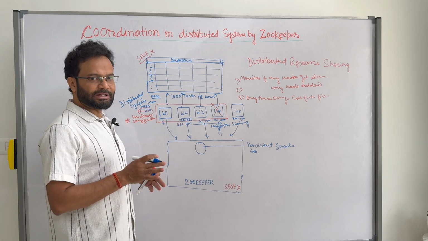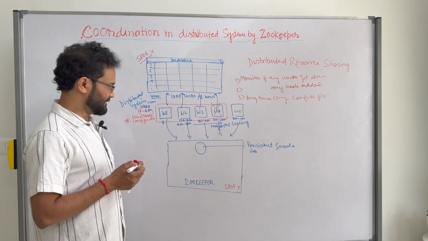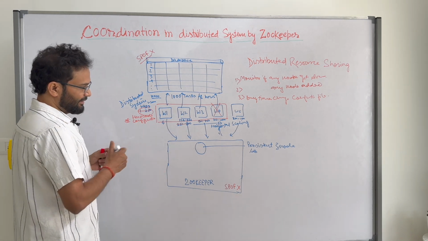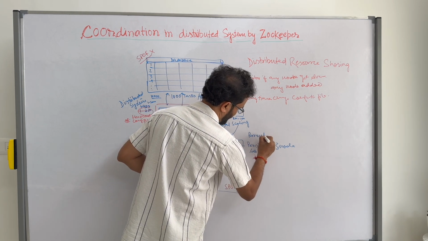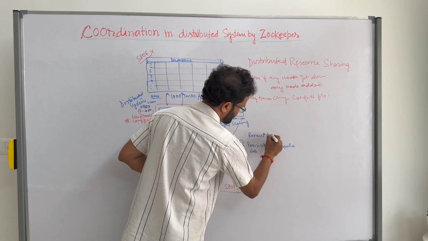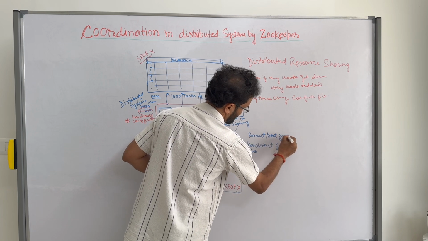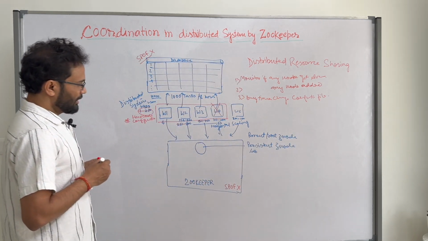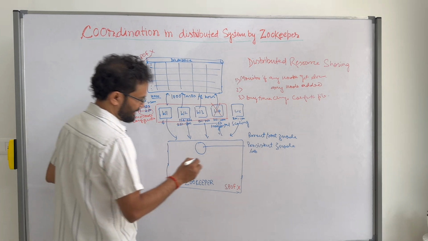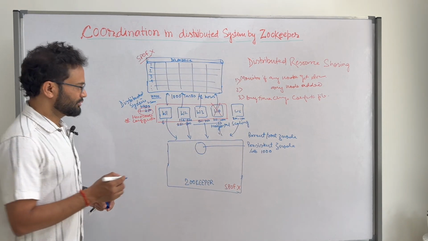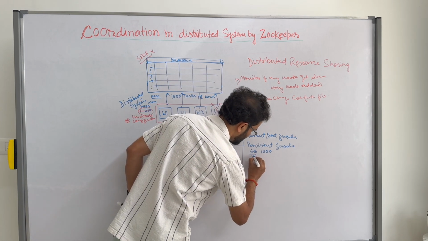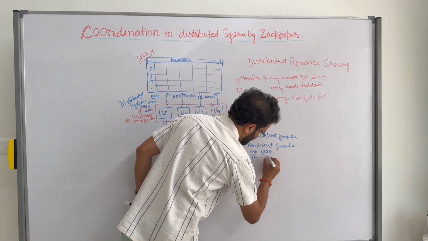It will not be deleted even though the system is down, right? This is the parent node. Consider this your parent node or root node, right? And put some data here. So put the data 1000.